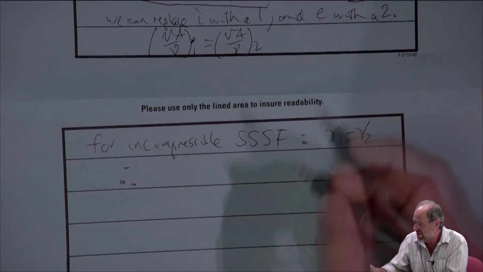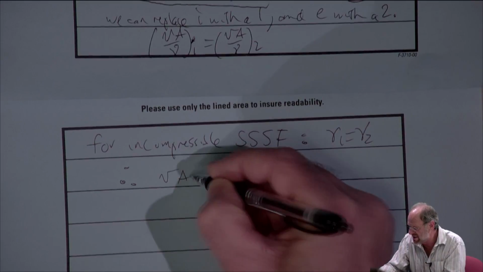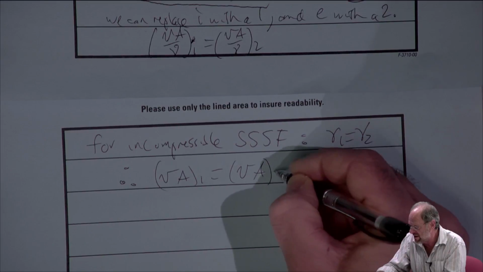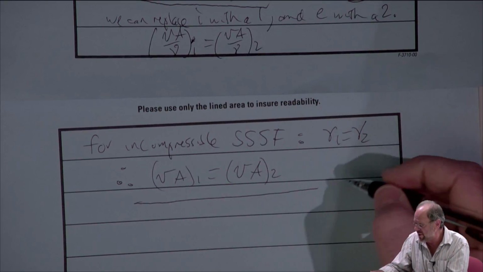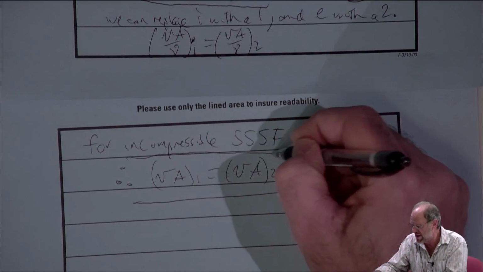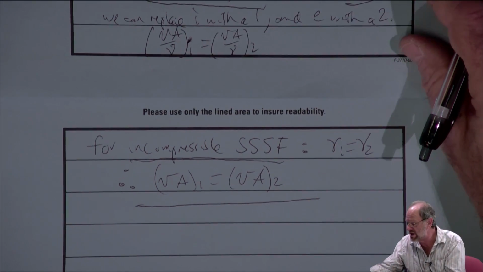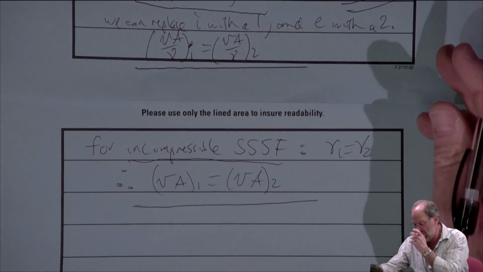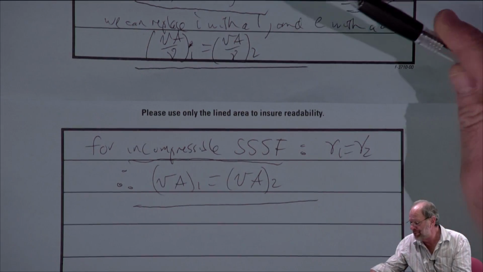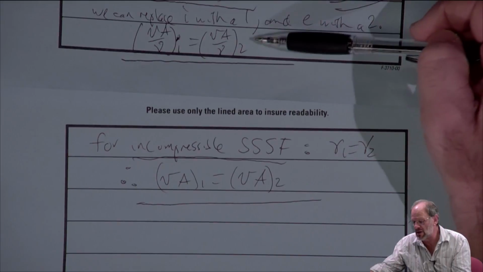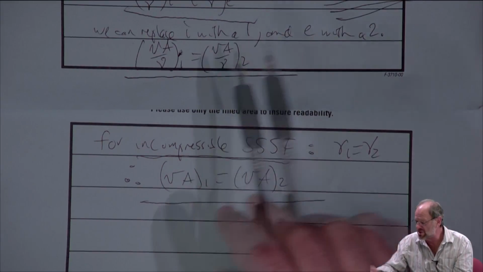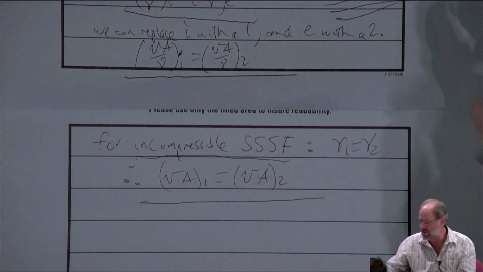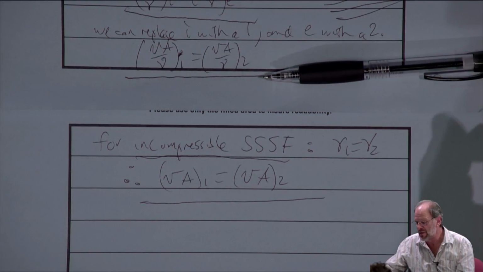So therefore, I simply get velocity times area at the inlet equals velocity times area at the exit. So this equation applies to an incompressible process for single stream steady flow. But most of the time, unless it specifically tells you that it's incompressible, you're just going to use the basic equation for single stream steady flow, the equation that's given above. So it's this one up here that's typically used, right there where the pen is.